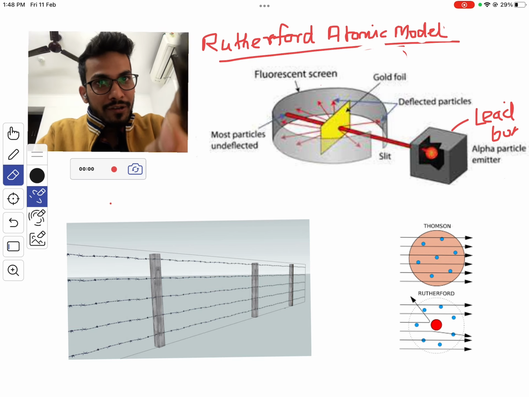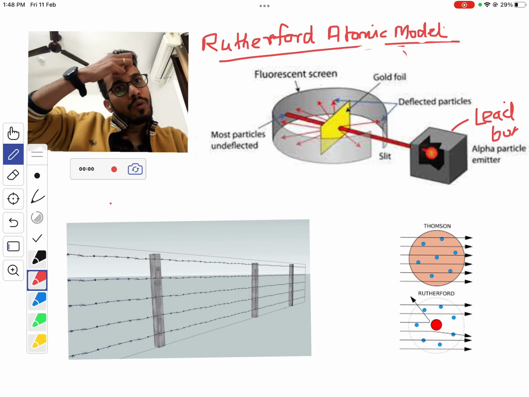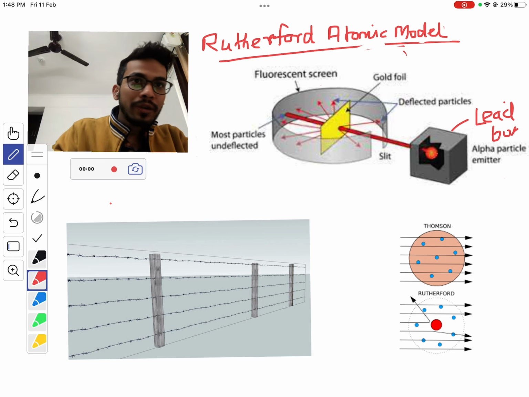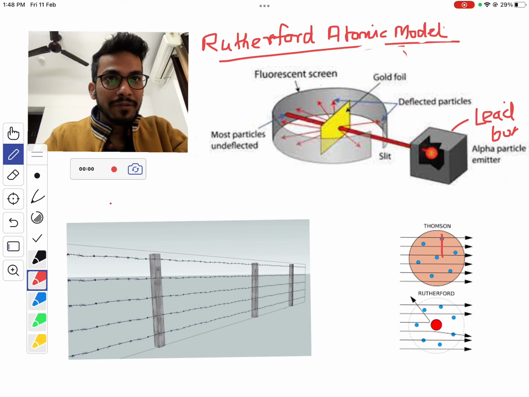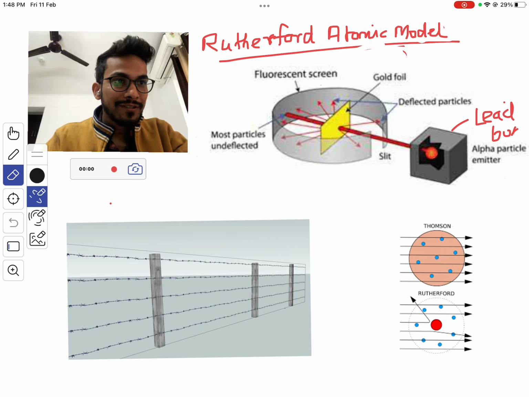So let me explain what the result could have been if the Thomson model were right. So this is the Thomson model. Let me zoom this picture.